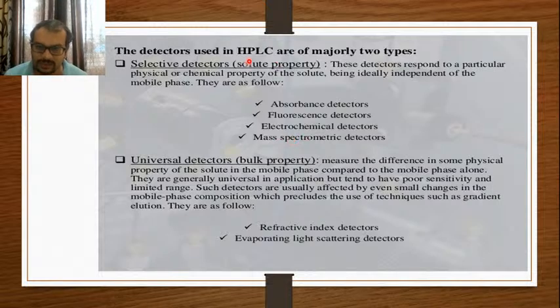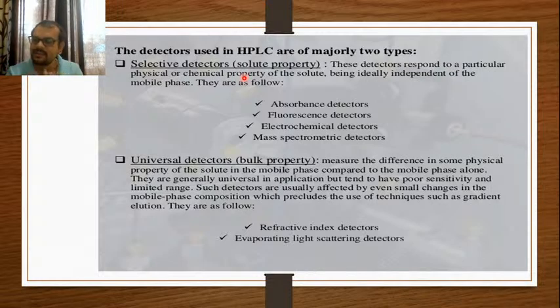Okay, so the first part is solute property detectors. This detector responds to a particular physical or chemical property of a solute. Remember, the words say a particular physical and chemical property of the solute. That means it has to deal with a single physical or chemical property of the solute.